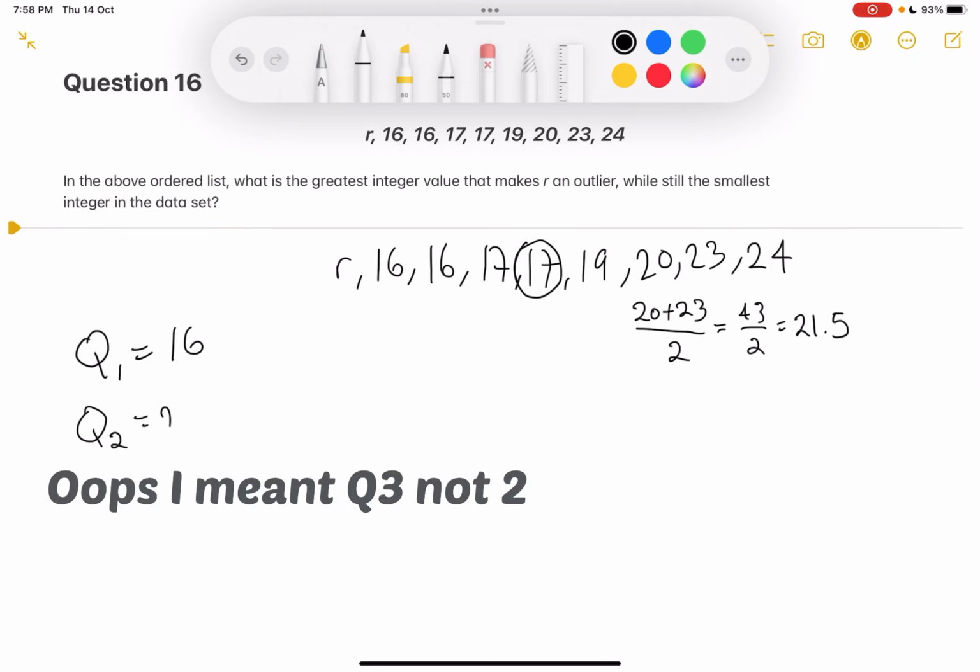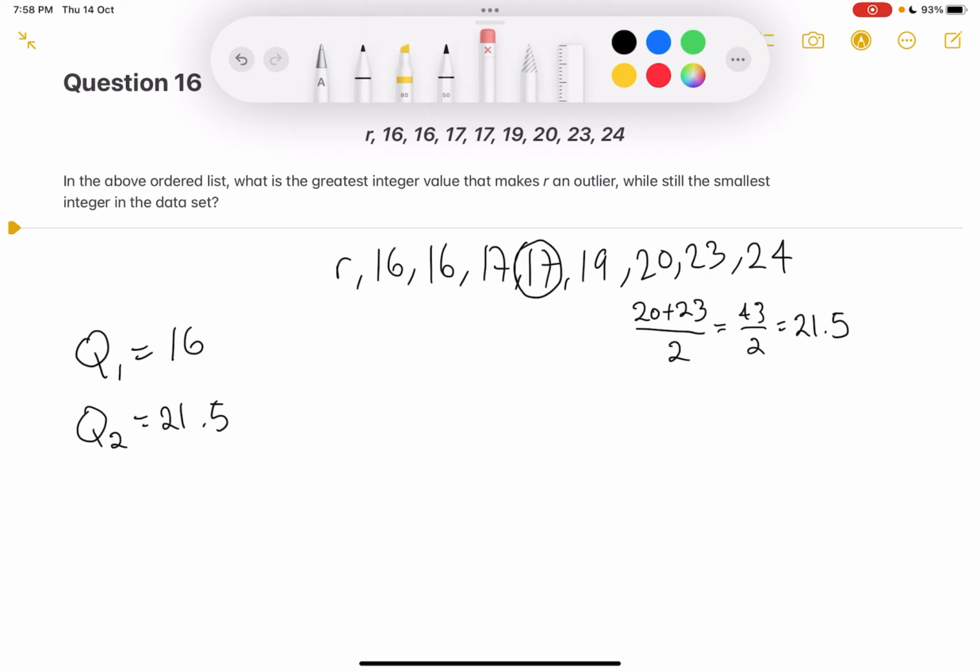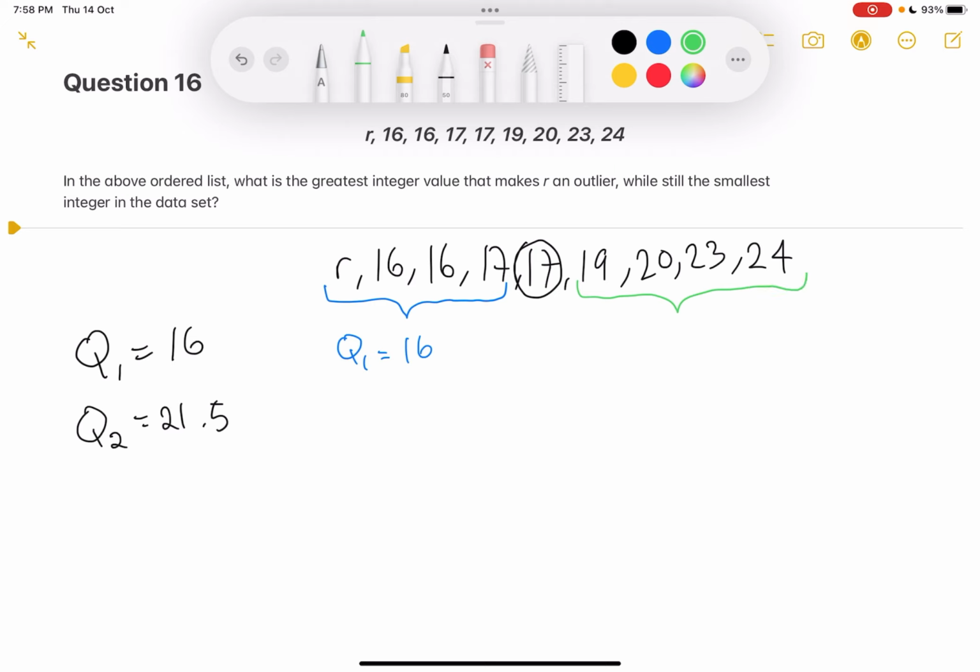So to visualize it more clearly, we have quartile 1 here as 16, and then quartile 3 as 21.5. Sorry, this is supposed to say quartile 3, not 2. Okay, so now we found the quartiles.